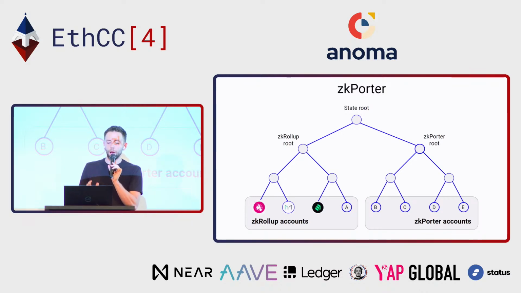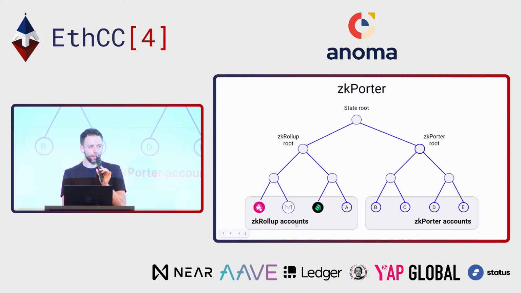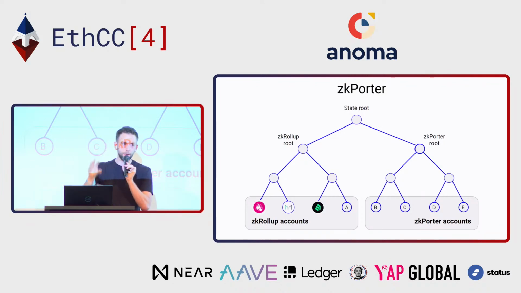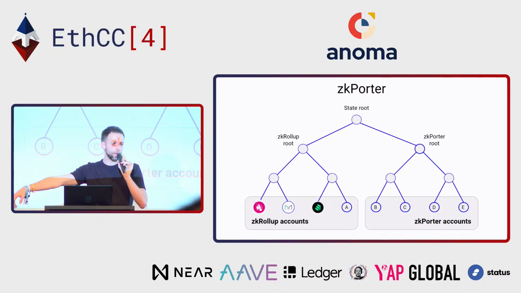But they can still interact with all the services on the zkRollup side, and it's going to cost them less because we're going to amortize the final state updates to Uniswap pairs across thousands of users who use it on the zkPorter side.